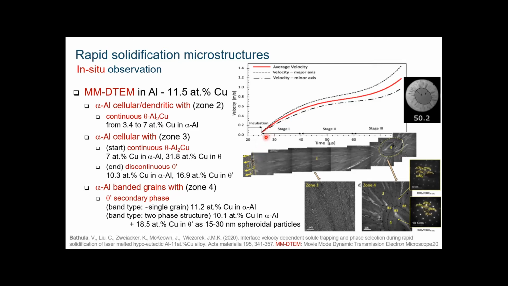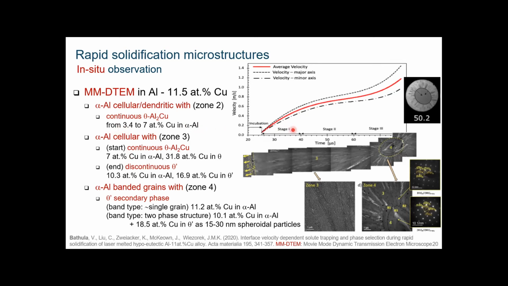So in stage 1, they identify several stages, and they take images about every 2.5 microseconds. So it's not fast enough to have a real movie, but it's already quite an achievement, I believe. And so they can measure, of course, the composition of the alpha dendrites or cells microstructure forming.